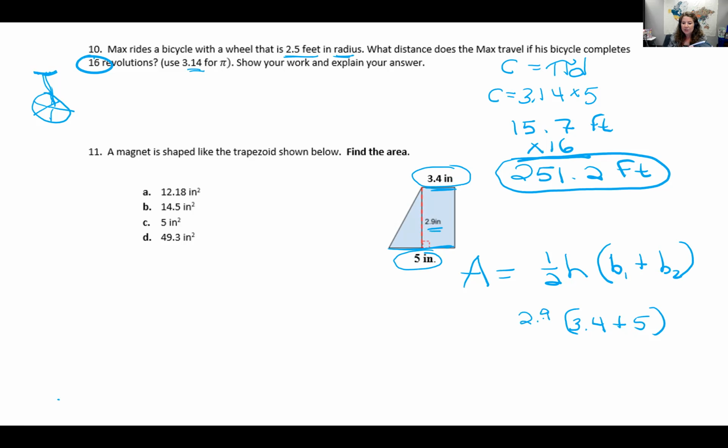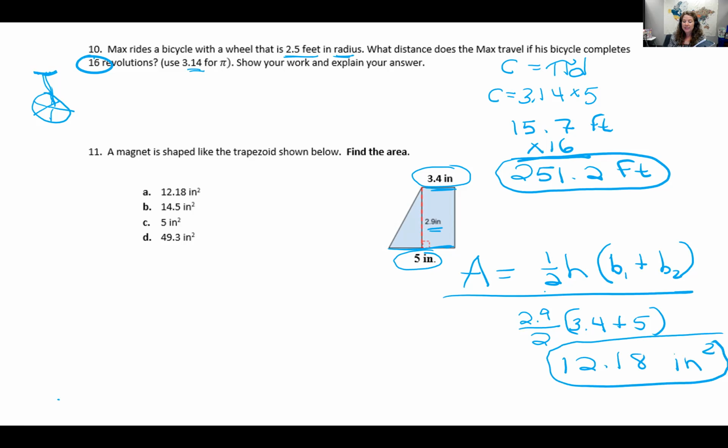Our height is 2.9 divided by 2, so I'm going to do that first. 2.9 divided by 2, and now I multiply that times 3.4 plus 5. My final answer is 12.18 inches squared. If you have this formula right here, it tells you exactly what to do. Add your bases, multiply that by half the height.